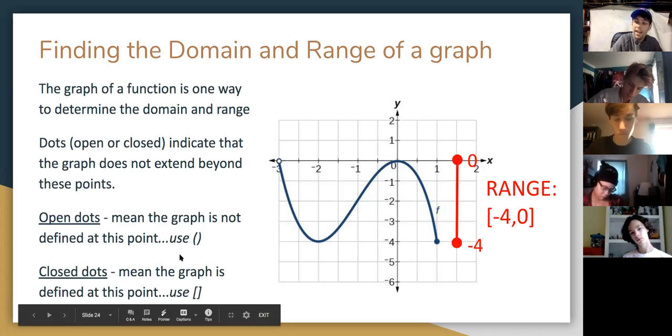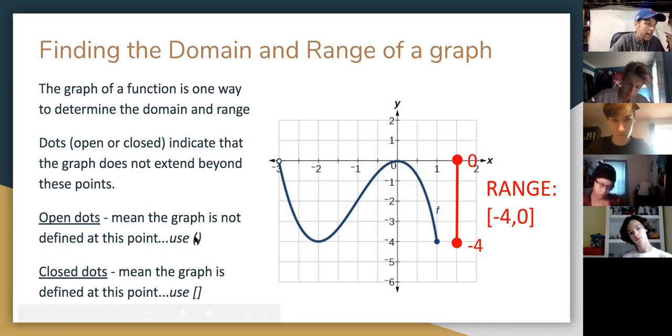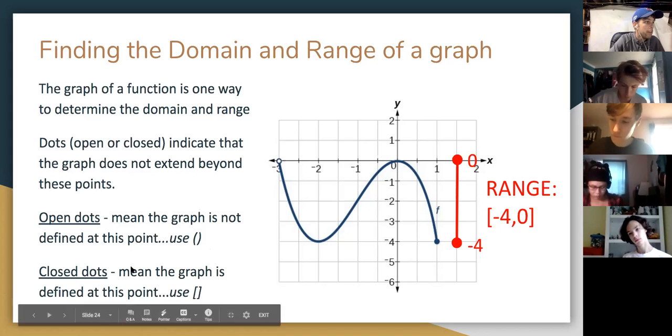When we're writing domain and range, we're going to be using interval notation a lot. Whenever you have open endpoints, we're going to use parentheses because the function's not defined at that particular value. Be careful because the x value might not be defined, but the y value might be defined at a different place on the graph.